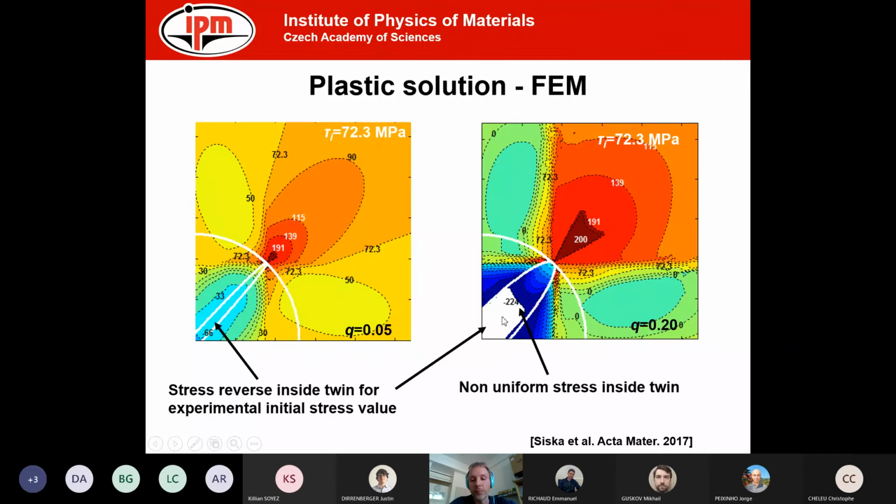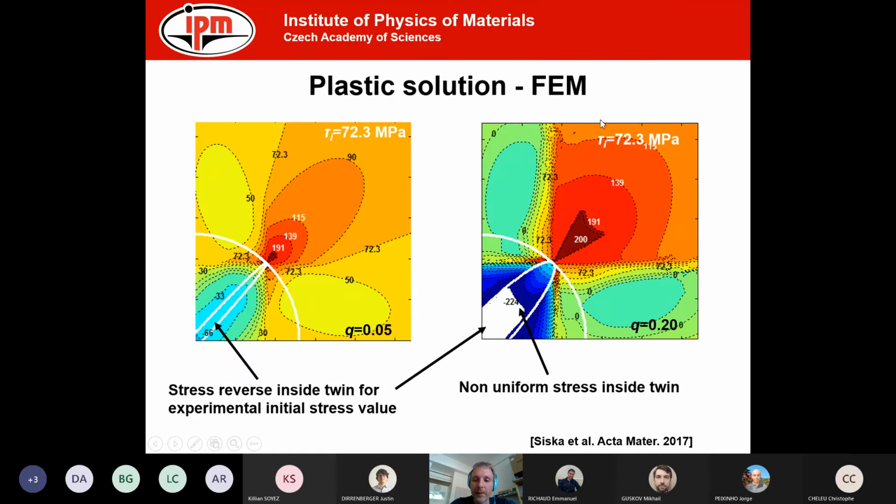This is a big difference from the analytical, elastic solution, where in the elastic case for an elliptical inclusion, there is a uniform stress inside the twin. And you can see that in this case there is a stress reverse inside the twin, which doesn't make sense, since you can't have a twin propagation when you have this high stress reverse.